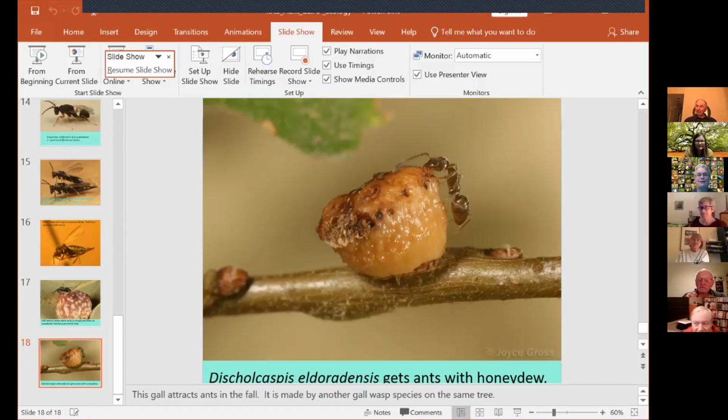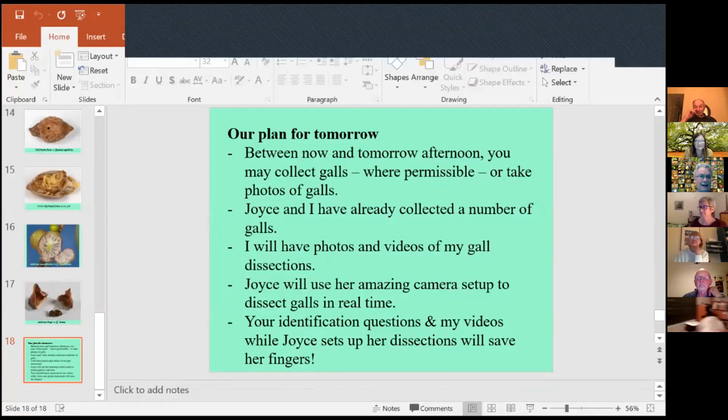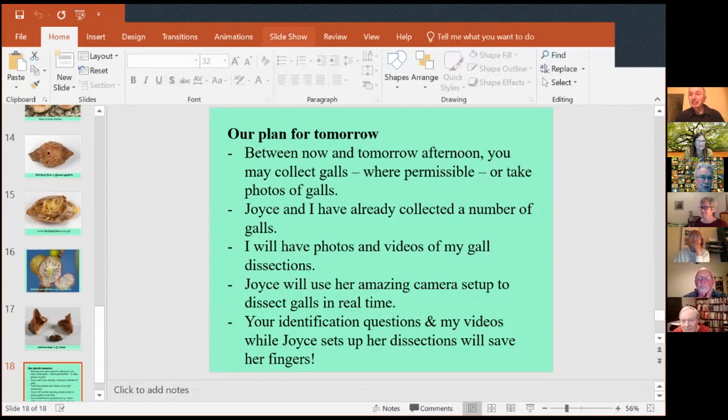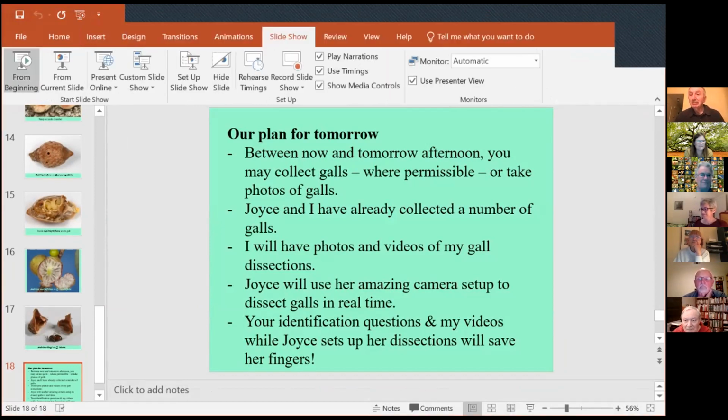We will share screen, and I'll share screen with the last one, which is here. Okay, so this, starting at the wrong end, this is for tomorrow. Slideshow, I'm sorry.